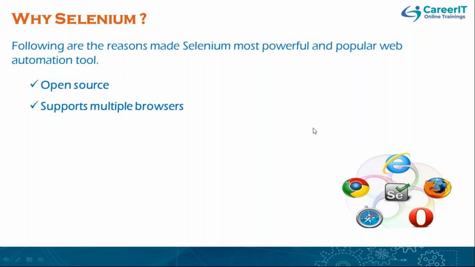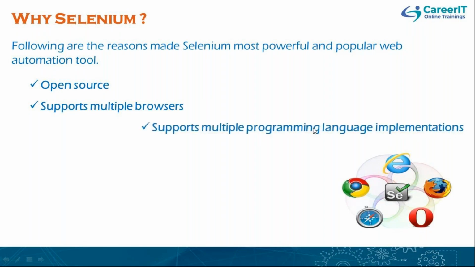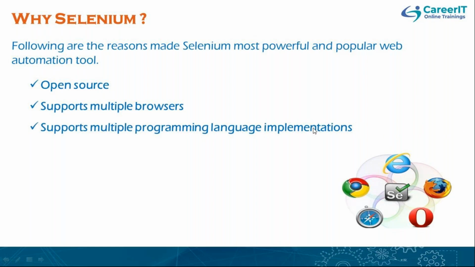But here, Selenium supports almost all the popular browsers available in the market, and it supports multiple programming language implementations. If you are good at core Java, you can learn Selenium with core Java, or Python, or PHP, or Ruby, or JavaScript. But some automation tools in the market are limited to one programming language.